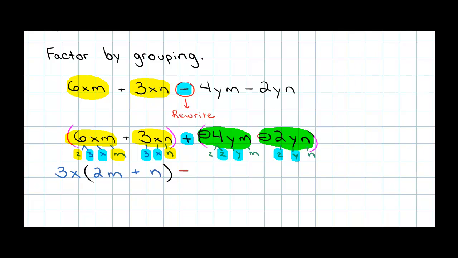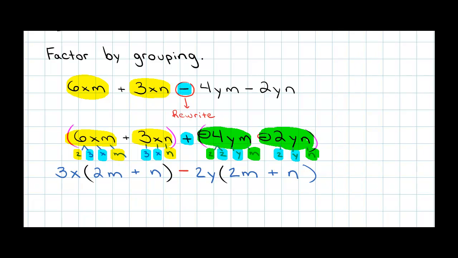We already factored out a negative, so it's like we're actually factoring out a negative 2y. And we're going to be left with positive 2m, because that's what's left over there. Let's write that down. We're going to have 2m plus, because we factored out a negative, n.